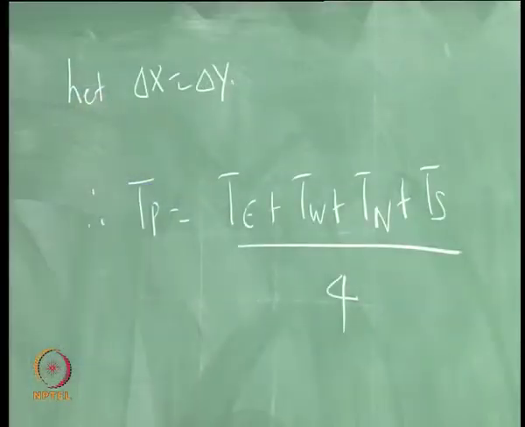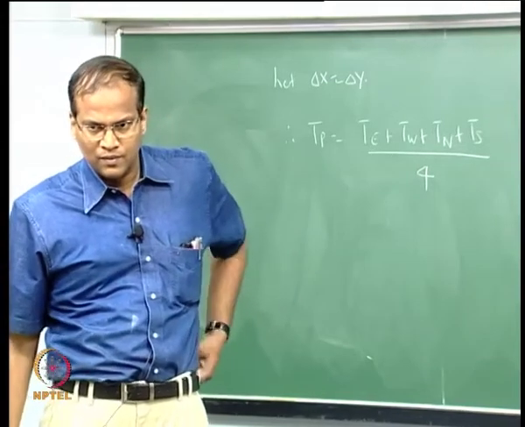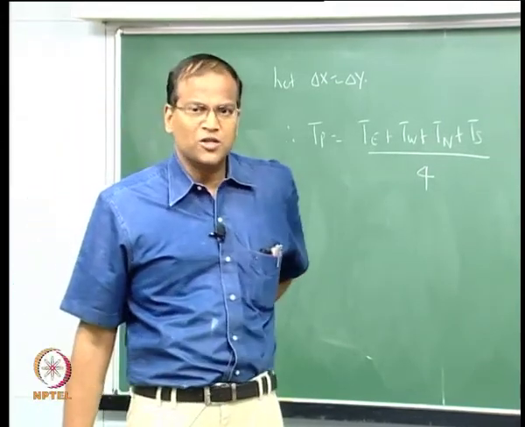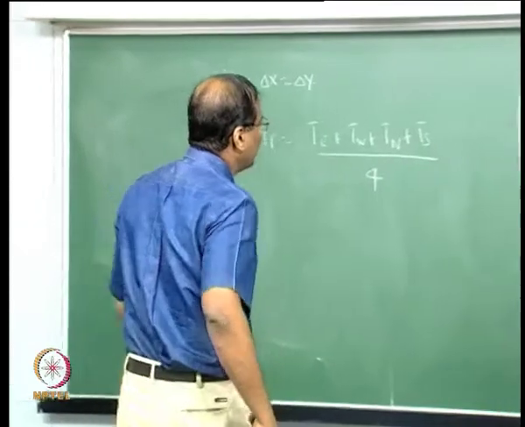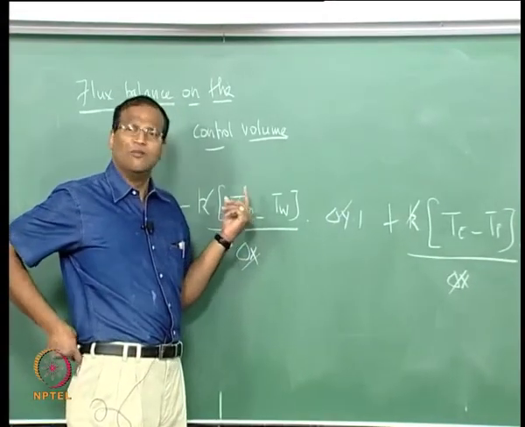The answer is exactly the same as what you got using central differences. It should be the same, we can't get any other answer, okay. There is no approximation except that dT by dx we are approximating by this because it is an elemental control volume, it is okay.